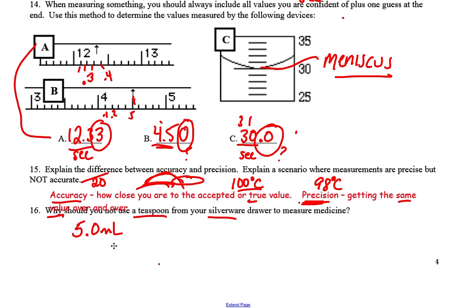It might be above or below that. So it might not be accurate. And the way you fill it, you might fill it a little bit more one time, a little bit less another time, so you might not be precise either. So we should never use teaspoons from the silverware drawer for medicine because it's probably not accurate and you're probably not precise when you fill it every single time. Use a cup or measuring cup that comes with the medicine.